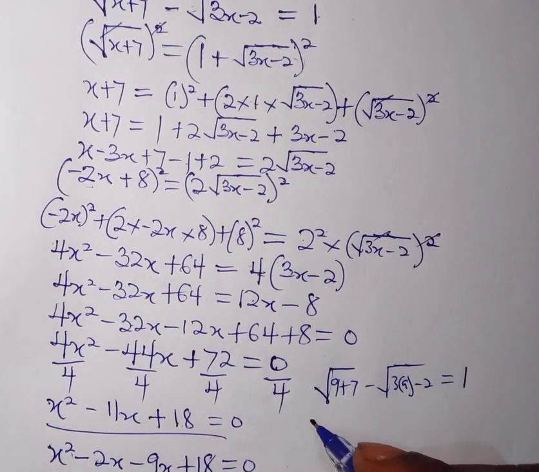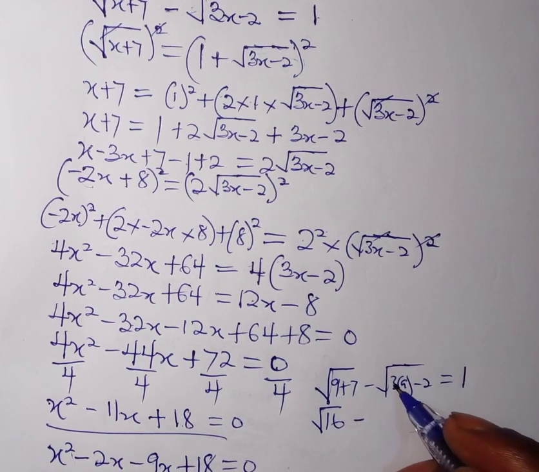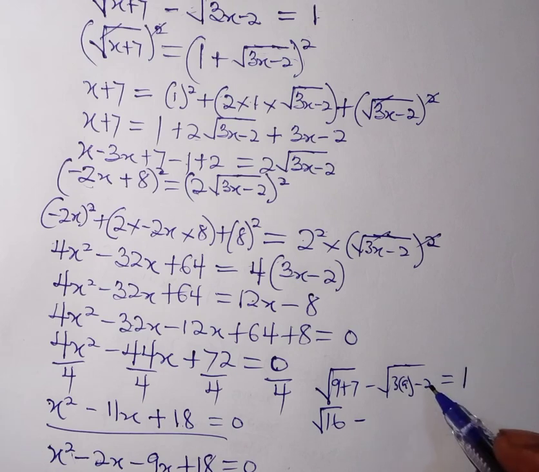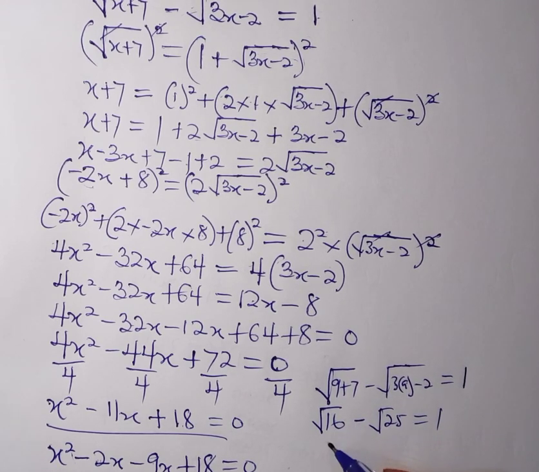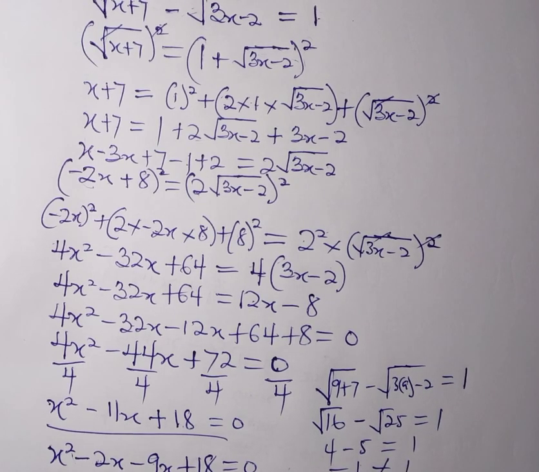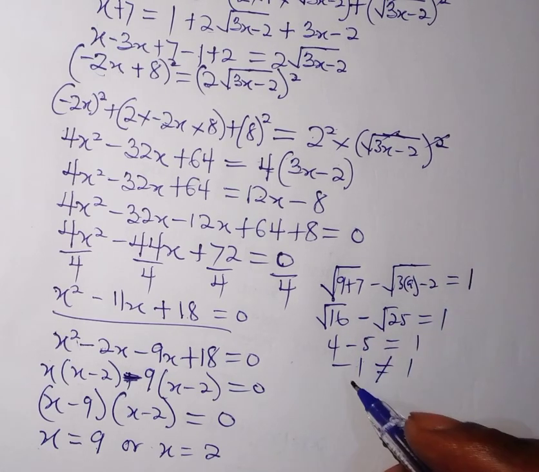So this is the square root of 16 minus the square root of 9 times 3, which gives 27 minus 2. So we have 25, which is equal to 1. So here is 4 minus 5 is equal to 1. Now we are getting negative 1, which is not equal to 1. So it means 9 is not the solution.